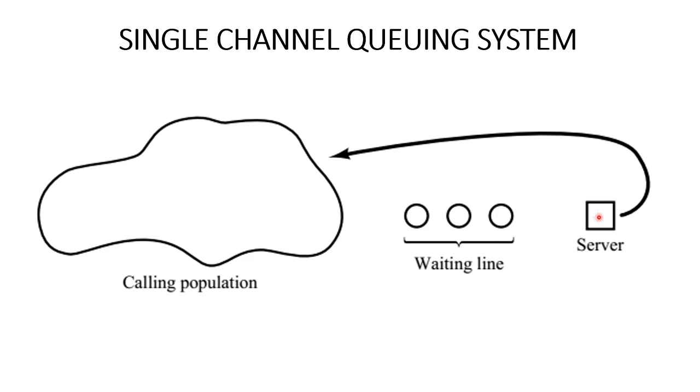So that is why it's called a single channel queuing system. So it's only a single server that is there, and he'll be serving all these customers that are coming in. And as the customers are served, they go back to join the calling population. So we are going to look at a typical example of that.